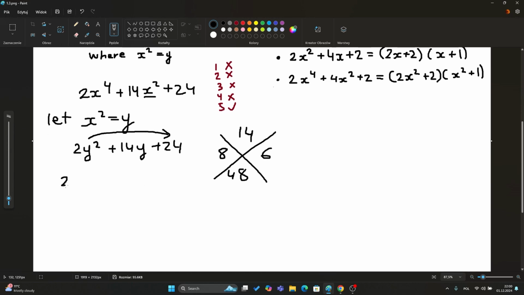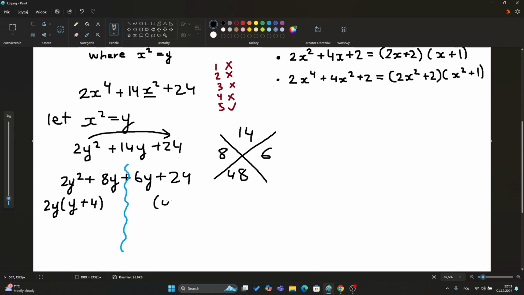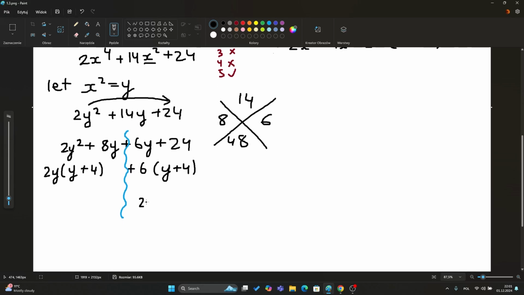And here we split it like so, just like before. We've got 2y here, y plus 4, and we should get y plus 4 here as well, which is plus 6. So 2y plus 6 and y plus 4.